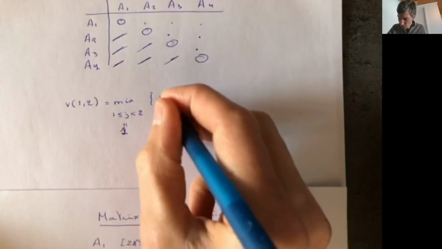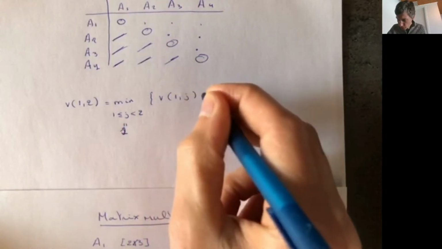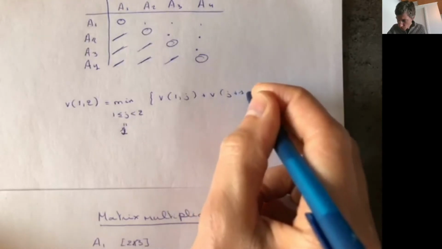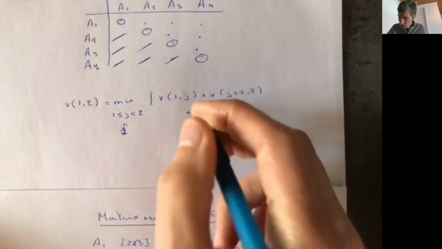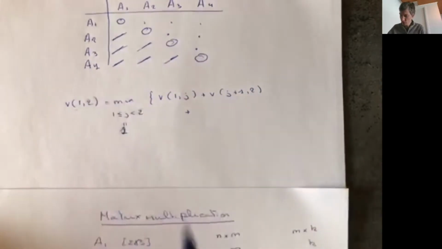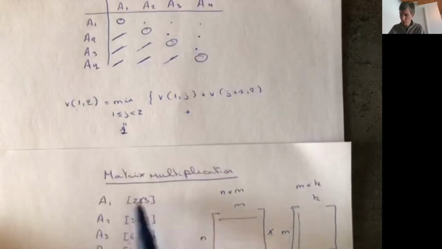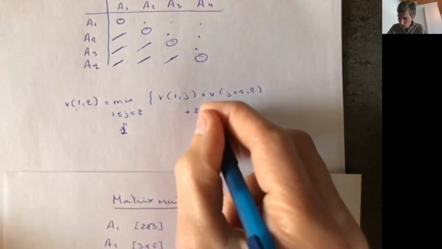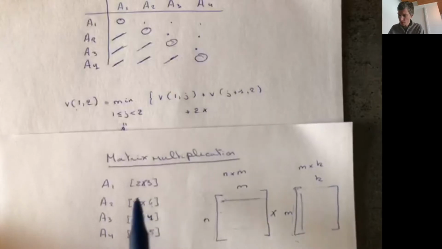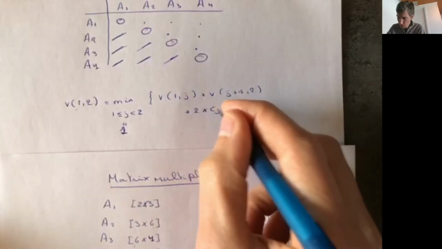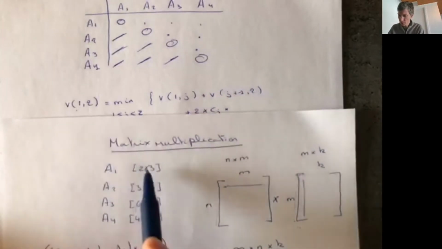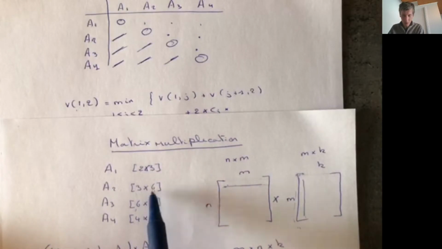Okay, of V_1J plus V_{J+1,2}, plus the number of rows of matrix 1, which is 2, times the number of columns of matrix J, times the number of columns of matrix 2, which is 6.